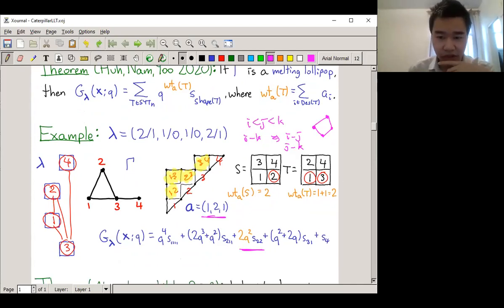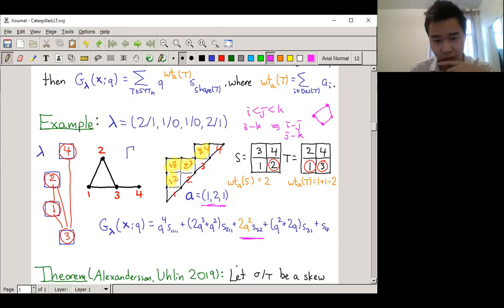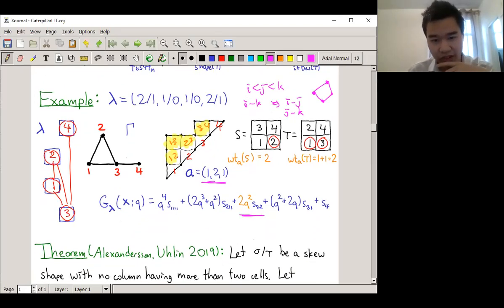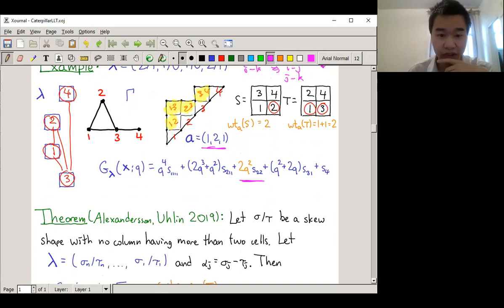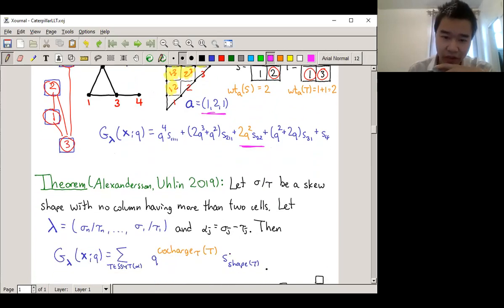Let me also just mention another recent result just a couple of years ago by Alexandersson and Uhlin. They found a generalization of cocharge that gives a combinatorial Schur expansion of an LLT polynomial. I won't go into detail about what their cocharge is, but I'll just show you the kind of lambda for which their theorem applies.